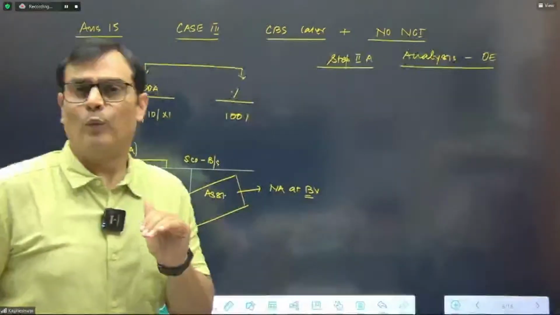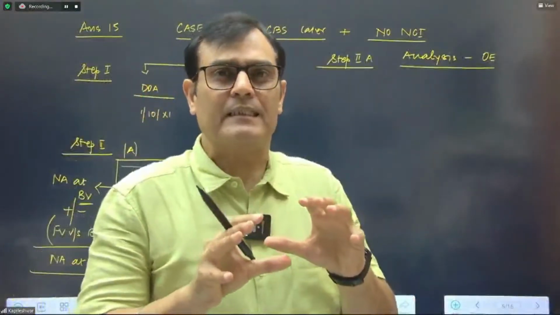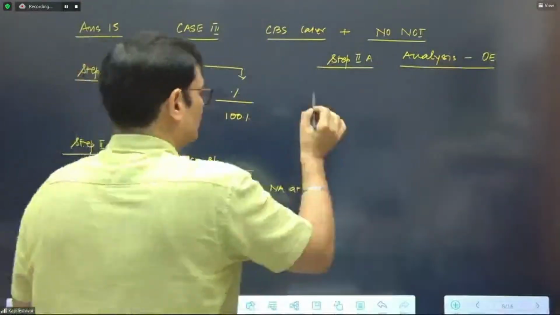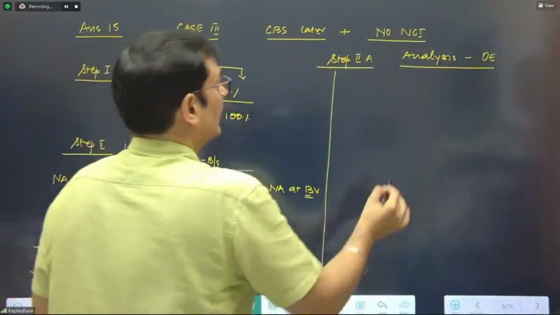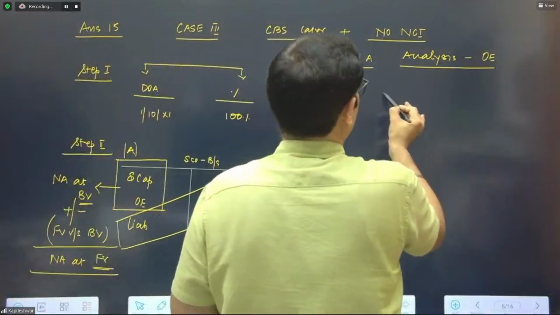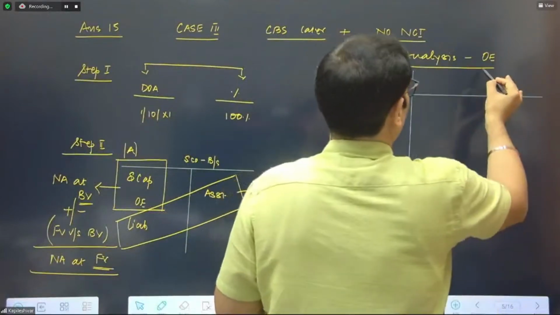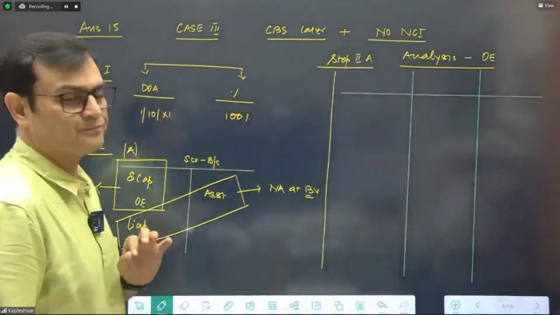We are going to be very, very systematic. I'm going to give you certain phases in which you need to move. So watch this carefully. First of all, I am going to create some columns for convenience: a particulars column, a pre-acquisition column, and a post-acquisition column.